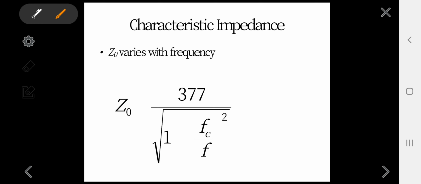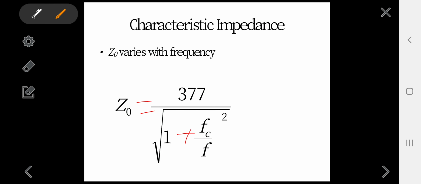Now what do we mean by the characteristic impedance? We can define it. The characteristic impedance is represented by Z0, which is equal to 377 upon sqrt(1 - (fc/f)^2), and it also varies with respect to the frequency.